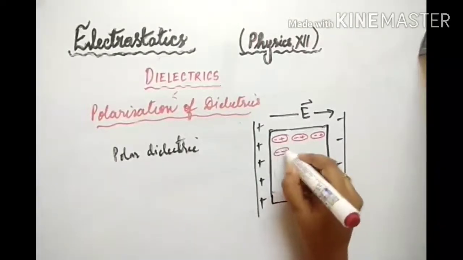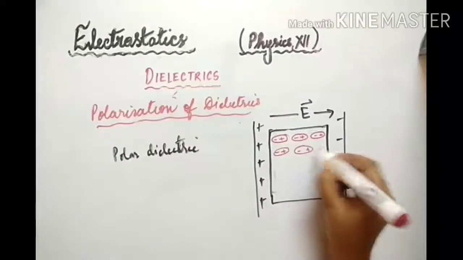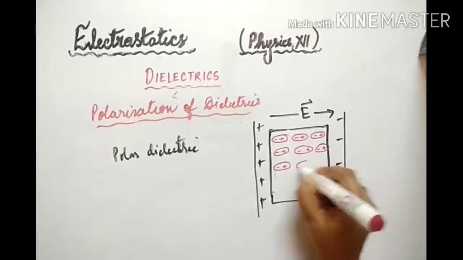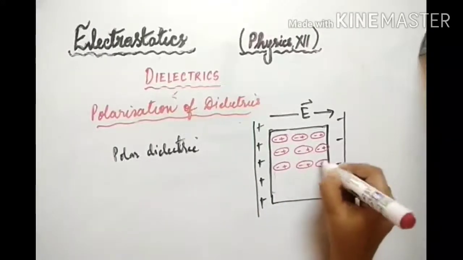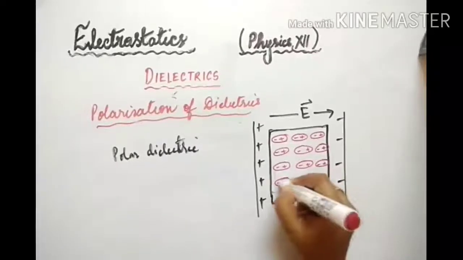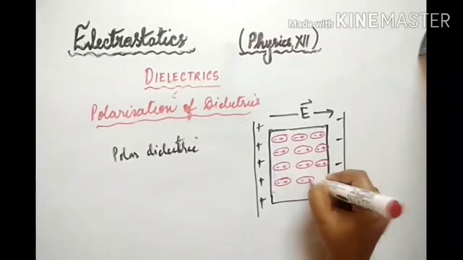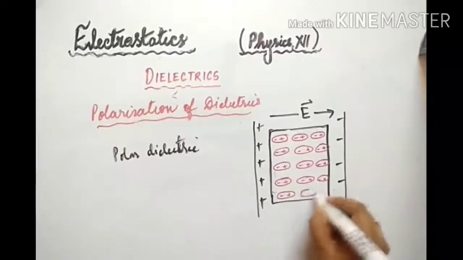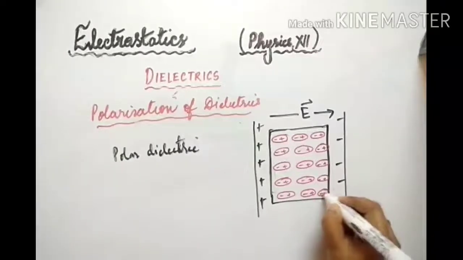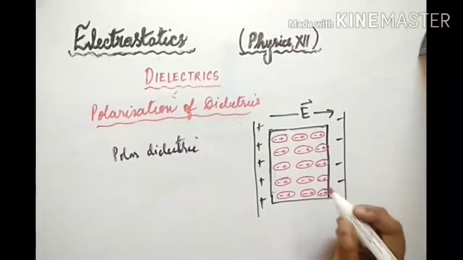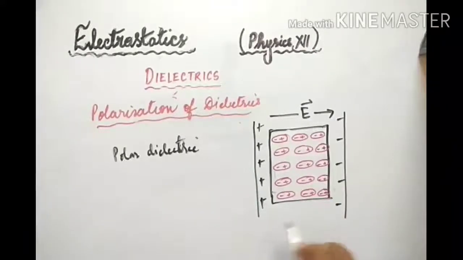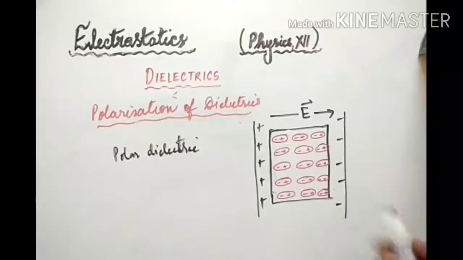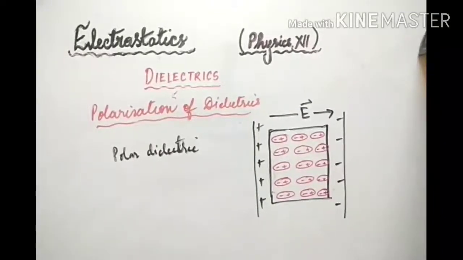In this direction they orient themselves, that is, they align with the direction of the field. And thus we get a net dipole moment. The dipole moment does not become zero when you place them in an external electric field.